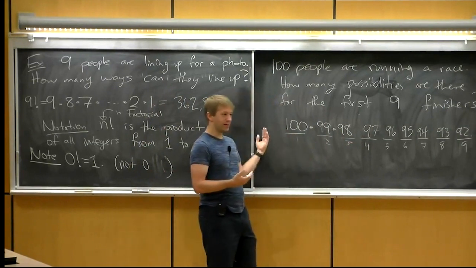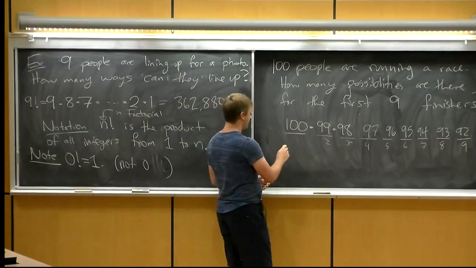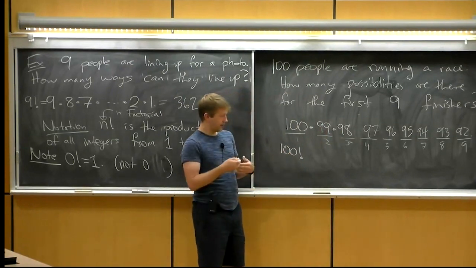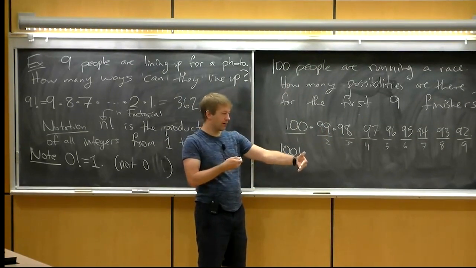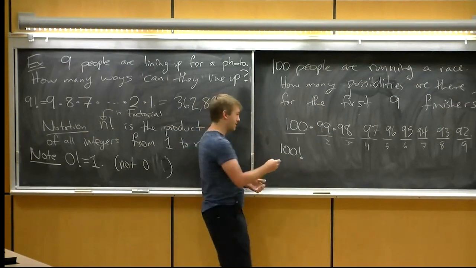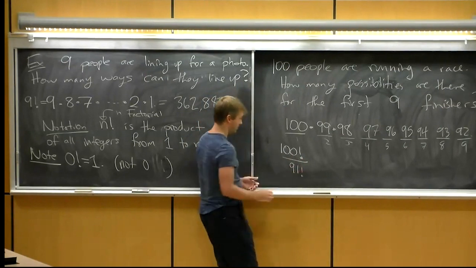We went from 100 down to 92. What this really is, is 100 factorial, except it doesn't go all the way down to 1. It stops at 92. But if you think about it, that's the same as dividing by 91 factorial.